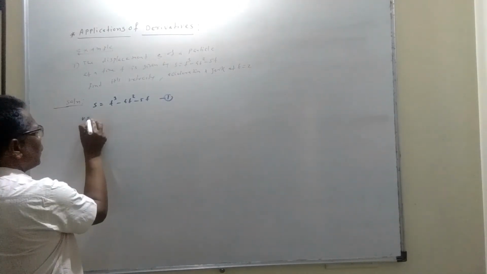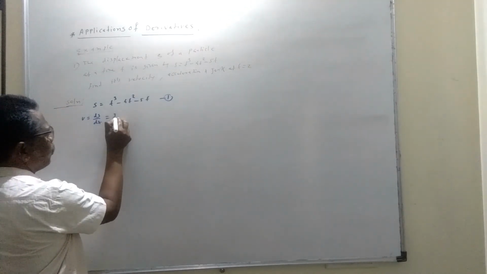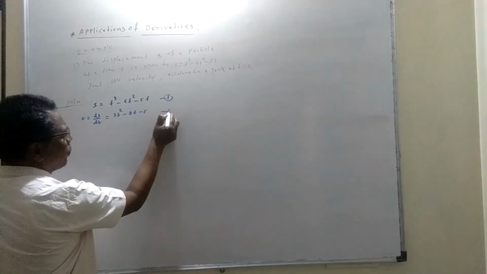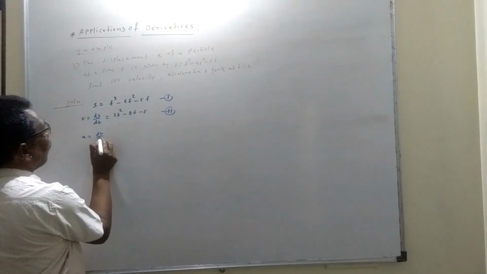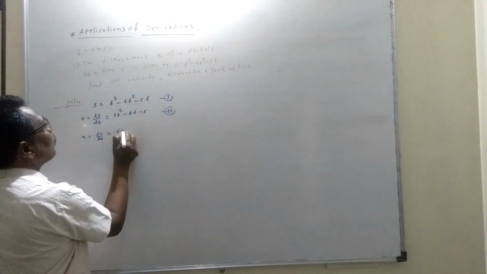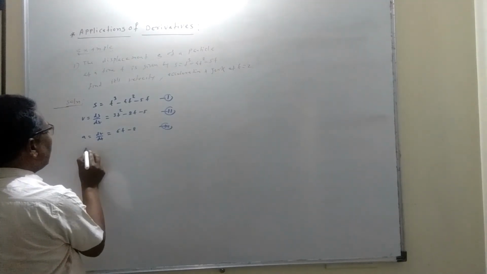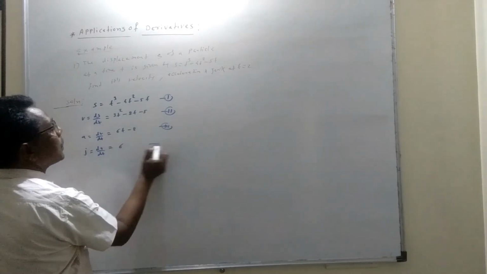Now v is equal to ds upon dt, so that is equal to 3t square minus 8t minus 5. A equal to dv upon dt, so that is equal to 6t minus 8. J equal to dA upon dt, so that is equal to 6.